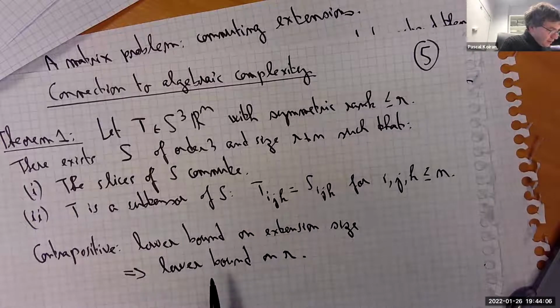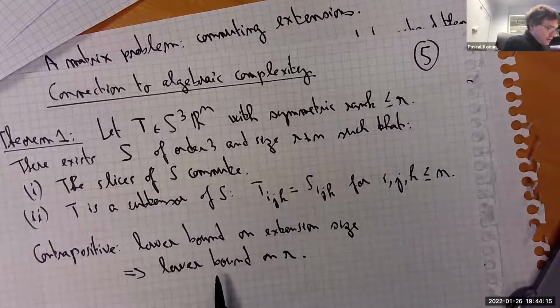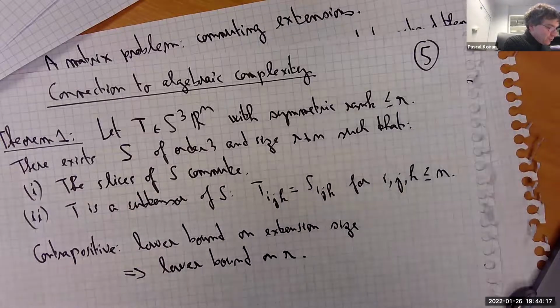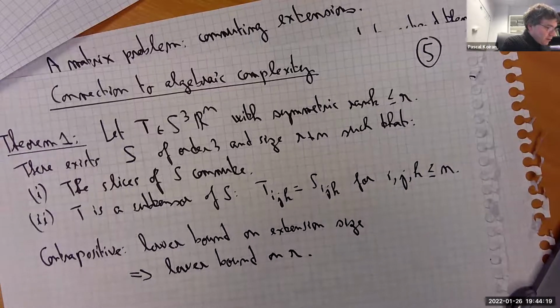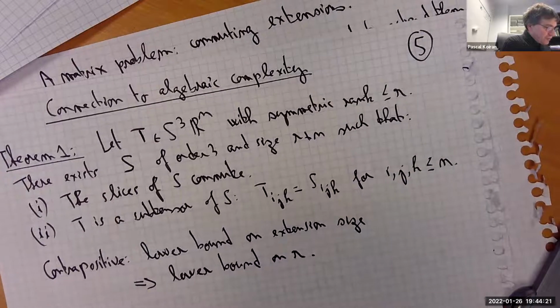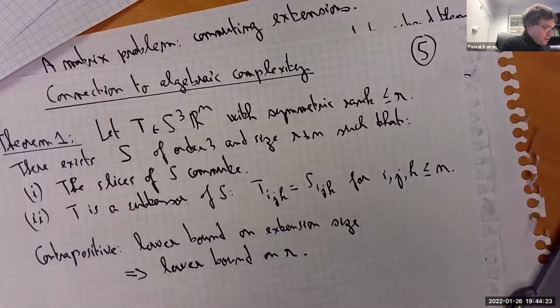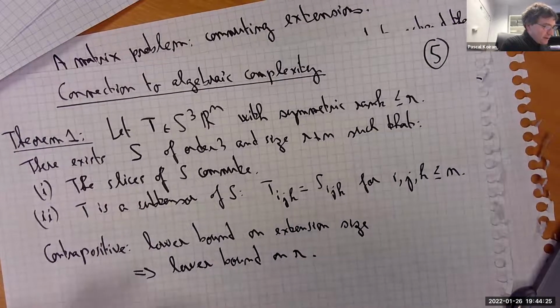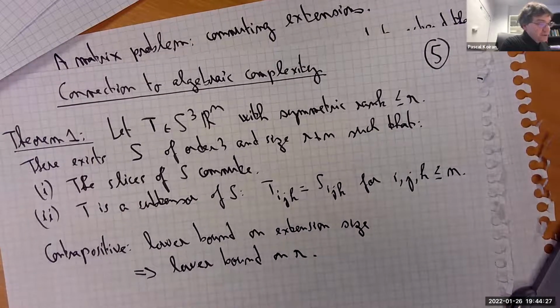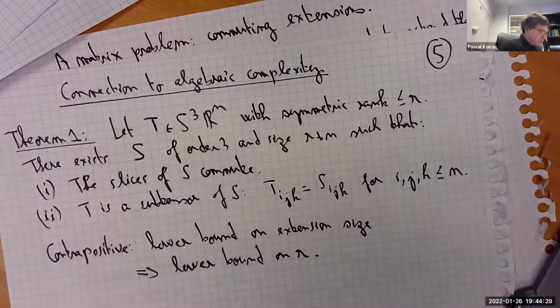And I see that I'm already running out of time. As I mentioned, this was in a way the method that was followed by Strassen in the setting of ordinary tensors, not symmetric tensors.